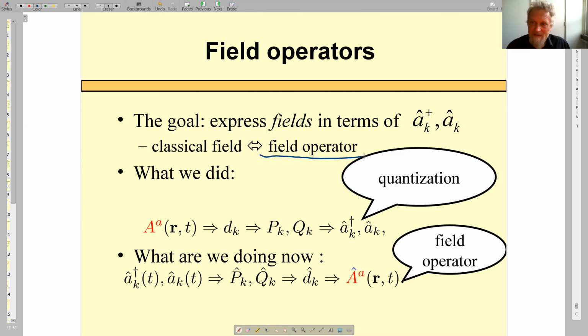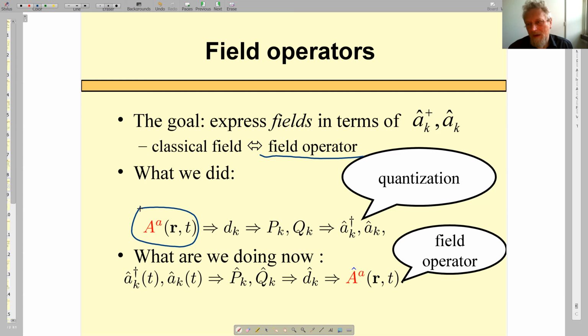Yes, we have considered those already for particles. And now we need to do this for fields. Let me recall what we did in the previous lecture, when we started with some arbitrary field, where A stands for arbitrary.